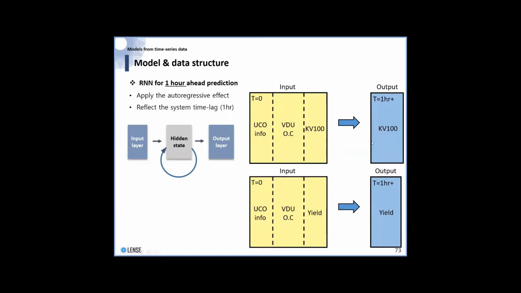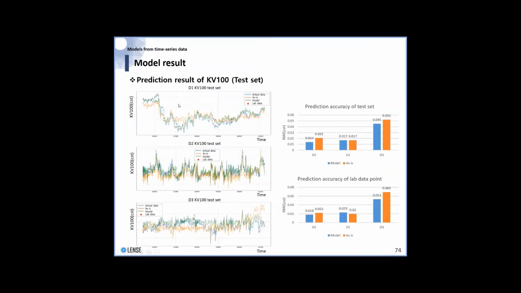And then you want to predict the future one-hour-plus kinematic viscosity, and the same thing with the yield. And we used the recurrent neural net. As you can see here, it looks pretty good. The actual data is blue, green is the model, and orange is what they were using before.